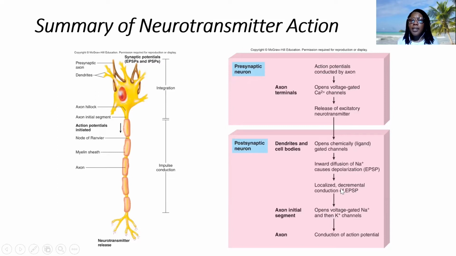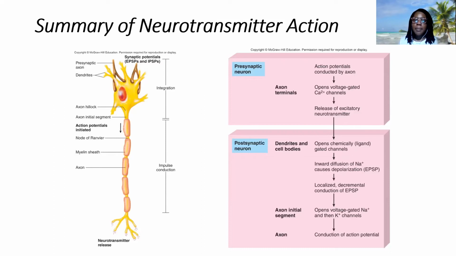And so we can think about this as far as the presynaptic neuron and the postsynaptic neuron in order to understand the events that are taking place. But again, don't get so focused here that we don't understand that this is really a loop of events. It's a cyclical loop of events in that in some regard, the presynaptic neuron is also a postsynaptic neuron when we look at another synapse.